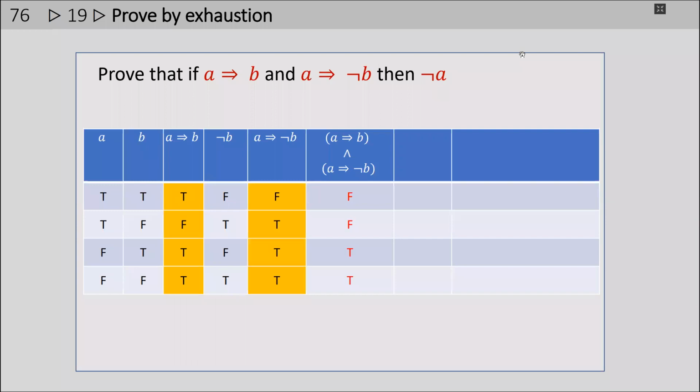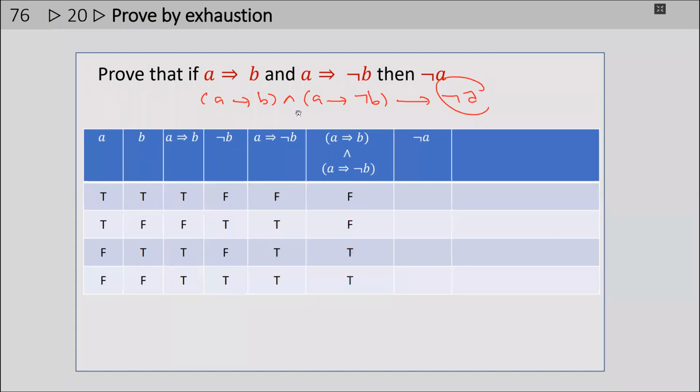Now you would like to calculate whether, if A implies B and A implies not B, then it's not A. So you try to calculate not A. Instead of having A as true, true, false, false, the negation of A will be false, false, true, true.